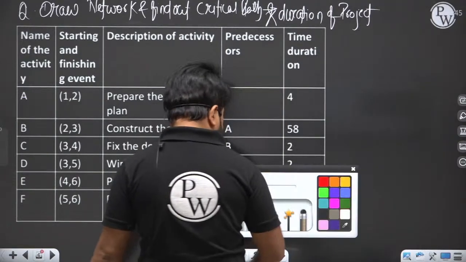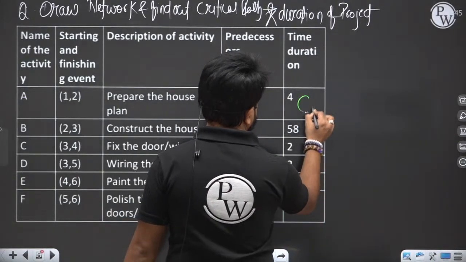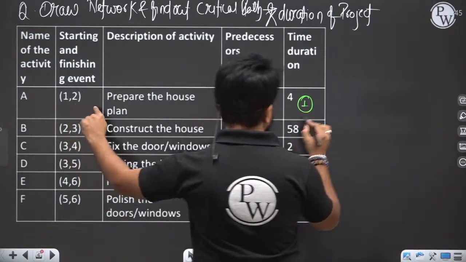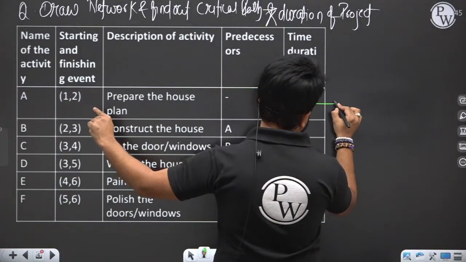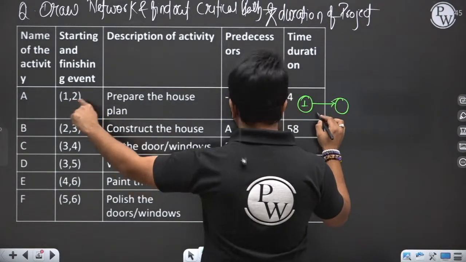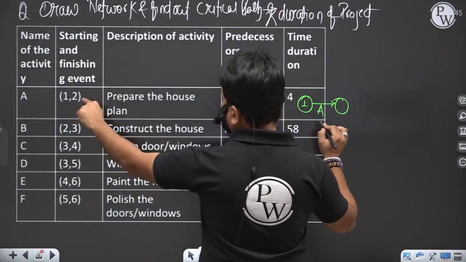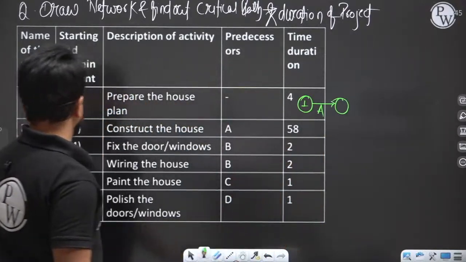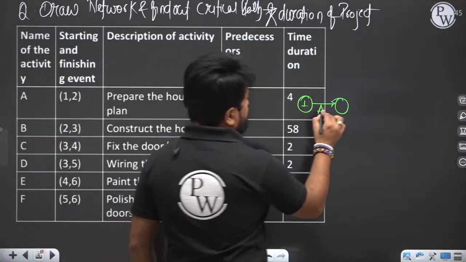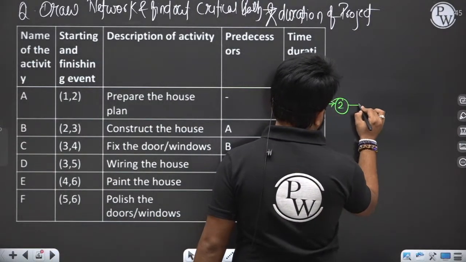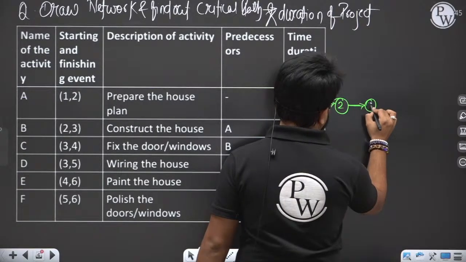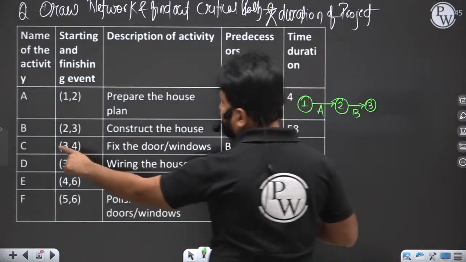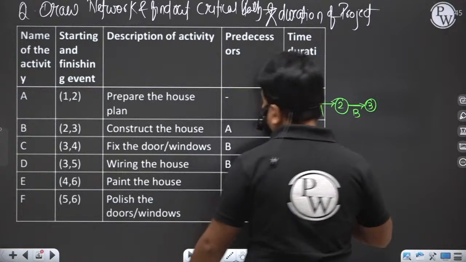So here I am going to start: 1 to 2, activity A. Then activity B from 2 to 3. Then C from 3 to 4.